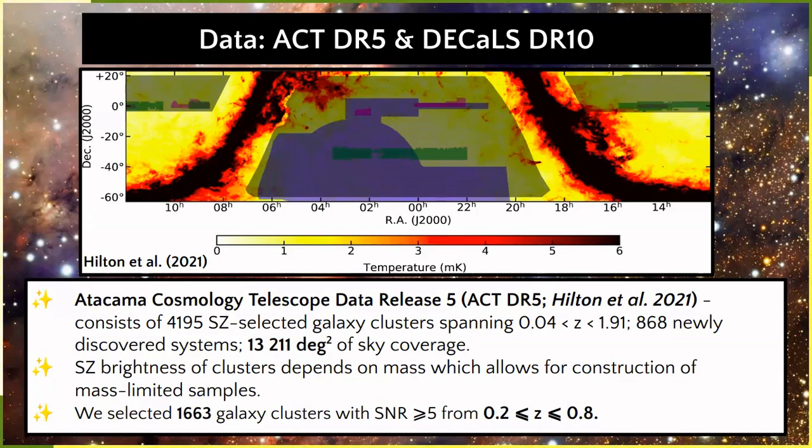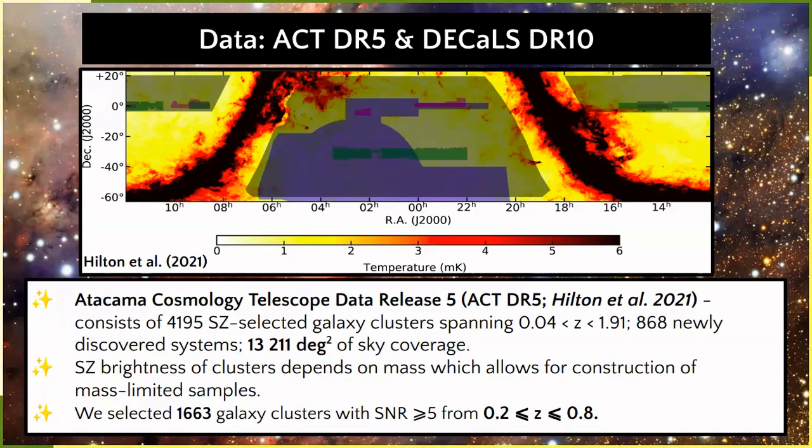The DR5 catalog in particular, presented by Hilton et al. 2021, consists of 4,195 massive galaxy clusters drawn from a survey covering roughly 1/3 of the sky and selected via the SZ effect.